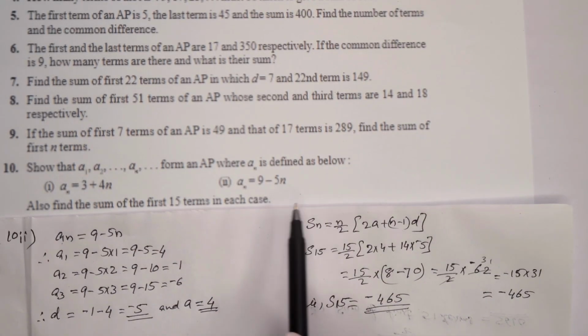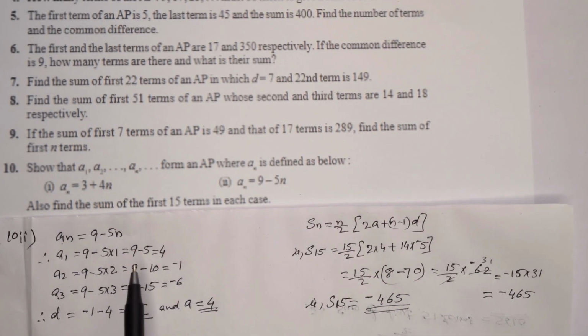Second one, an is equal to 9 minus 5n. Put in place of n as 1, we will get first term as 4, second term minus 1, third term minus 6. From these terms we can find d: a2 minus a1 or a3 minus a2. We will get d is equal to minus 5. And a1 is same as the first term a, that is 4.